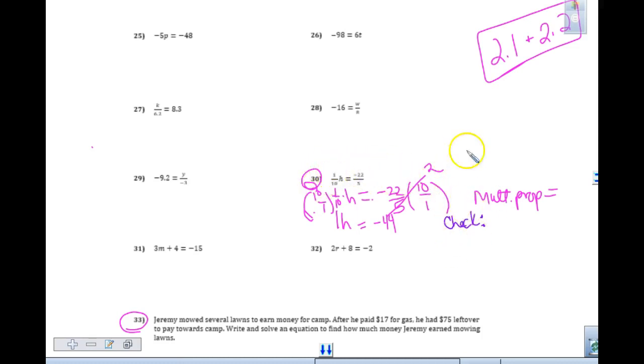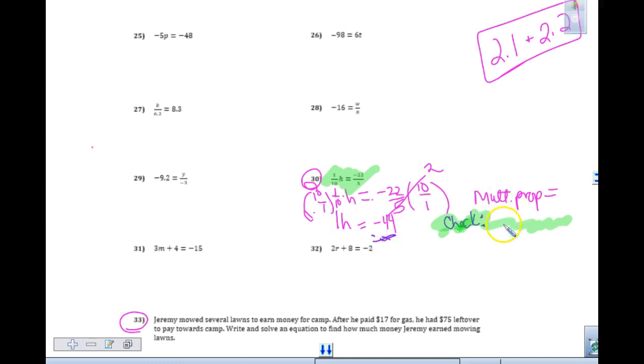This original problem right here. What do I want to do with the check and that original problem? I am going to, well, kind of work backwards, but more specifically, I'm going to do what, Abby? I'm going to plug in what I got for my answer.